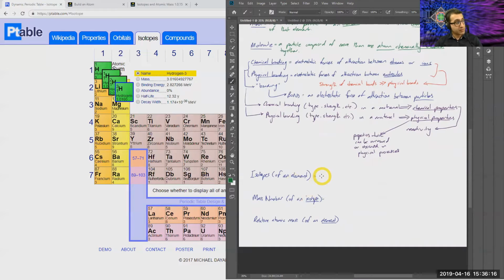So isotopes of an element are atoms of the same element. In other words, they have the same atomic number, i.e., the same number of protons. But atoms of the same element with different mass numbers.